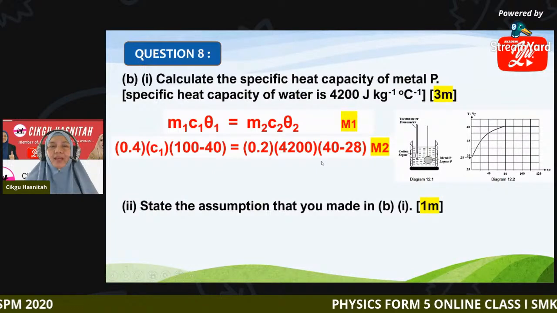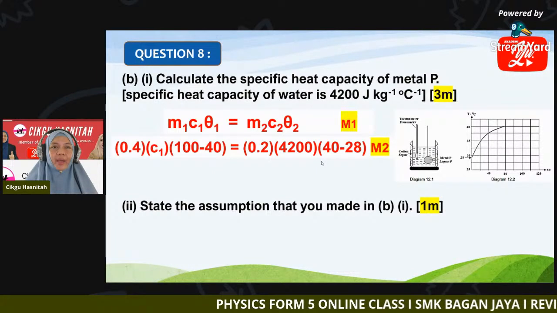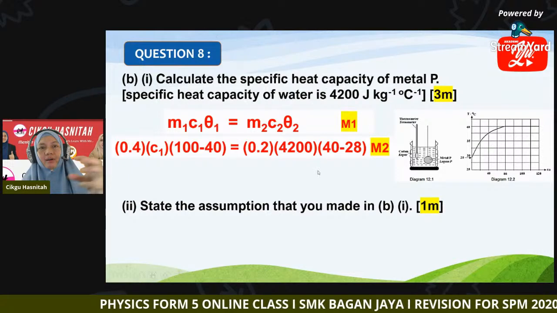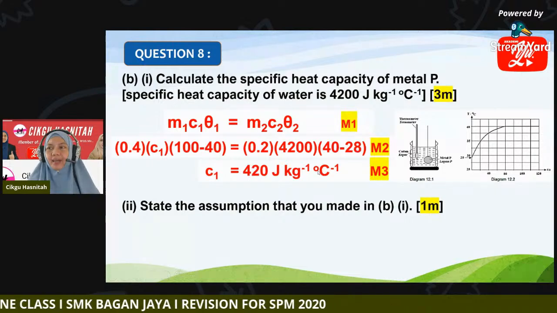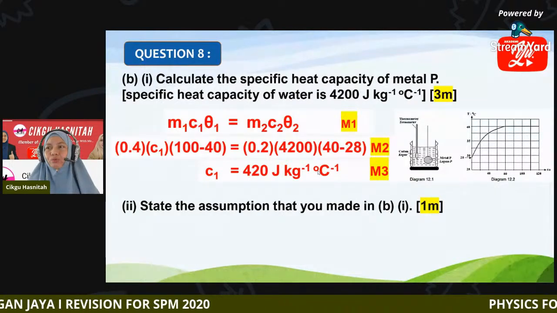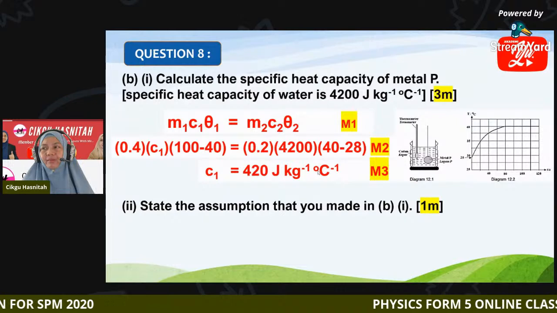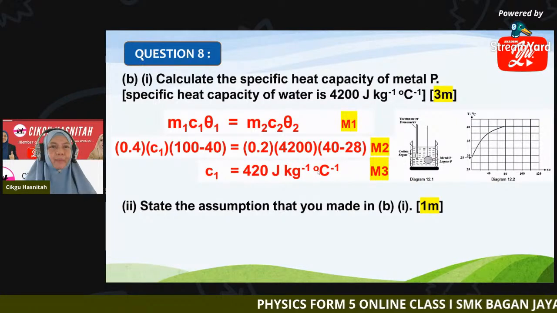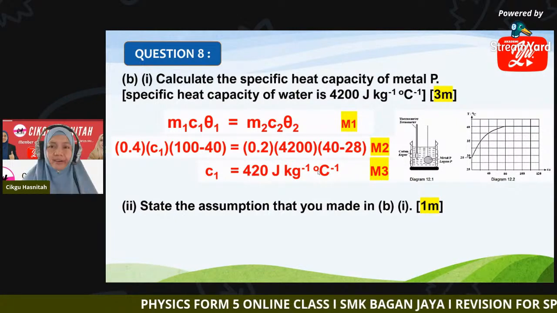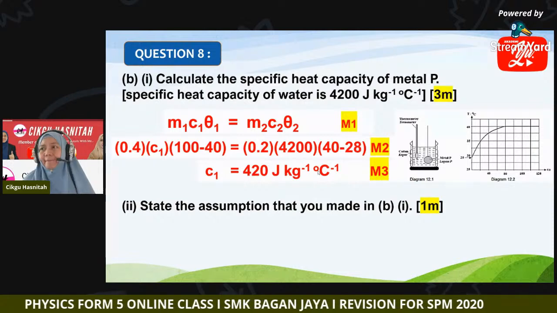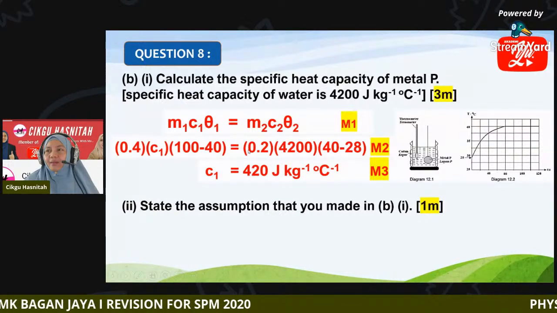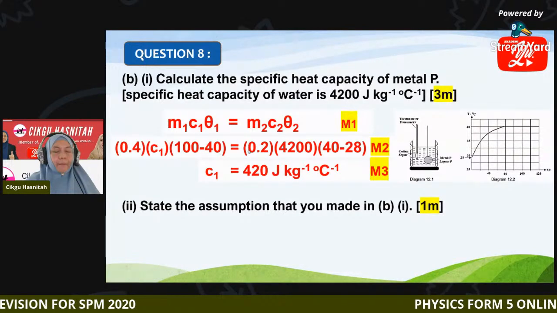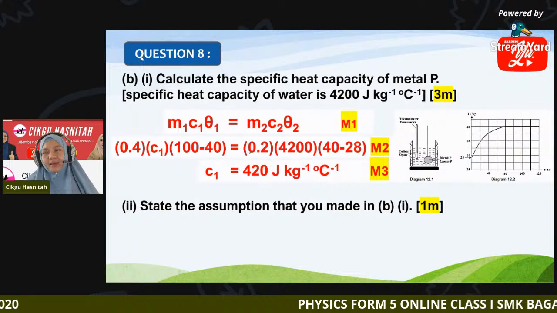Please be careful when you play with a lot of these numbers. So c1 is 420 joule per kilogram per degree Celsius. Can you please check my answer? c1 is the specific heat capacity for metal P. Is 420 correct?